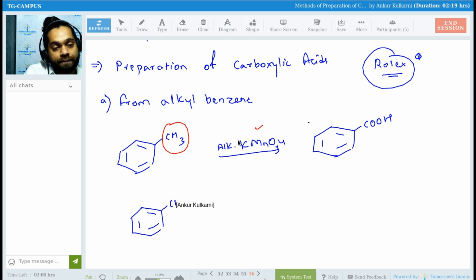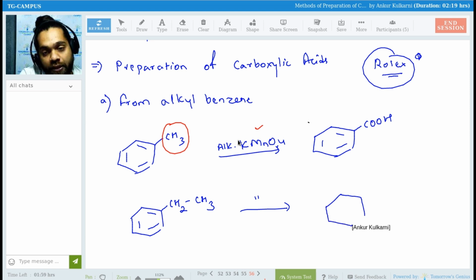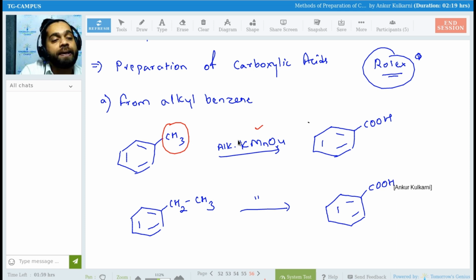No matter how long the chain is, even if I have a 100 carbon chain, the alkaline KMnO4, your Rolex or your Thanos, one snap, everything is gone. It will give you only one COOH. Remaining, everything is gone.